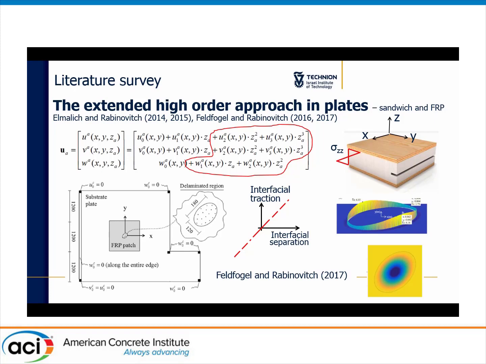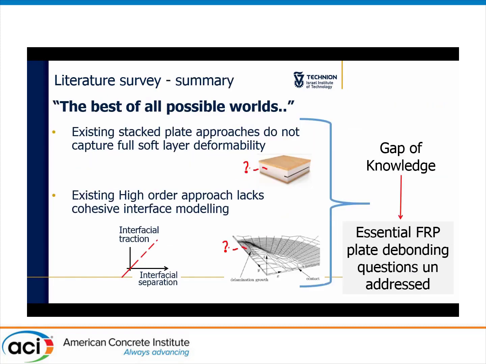And using the high order approach, the sigma ZZ along the contours of the delaminated regions, where in this case the mechanism would begin, can be quantified. This shows the out-of-plane deflection contour map, where we see that at some point, this delaminated region buckles. And so we see high gradients and large deformation in this region.